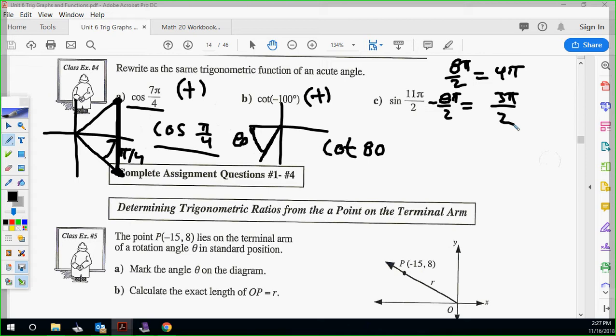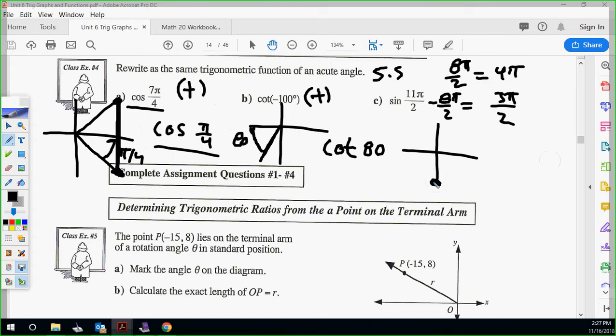Yeah, and that can help you see how far. Some people see this, Maddie, as 5.5. If it's 5.5, we know that there's 4 in there, and so the 1.5 left over, which is 3 over 2. It's all the same. But the point is, we're at 3 pi over 2. We go around, and we come back, we're at 3 pi over 2. So we're down here, right there.